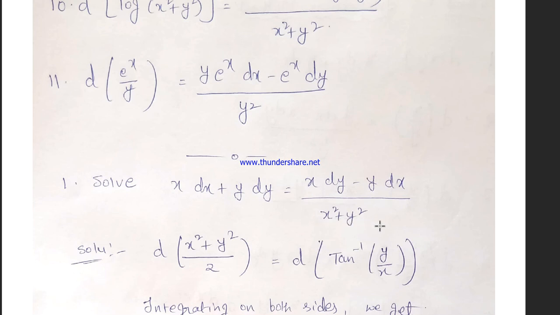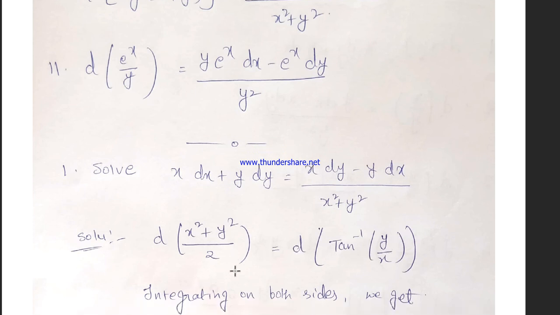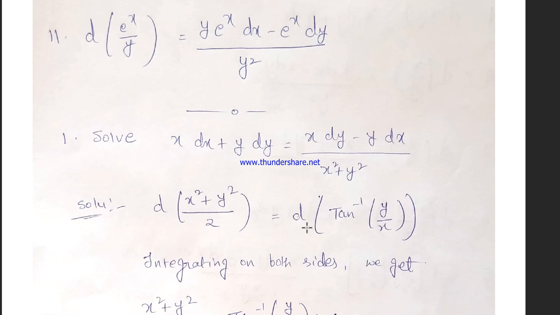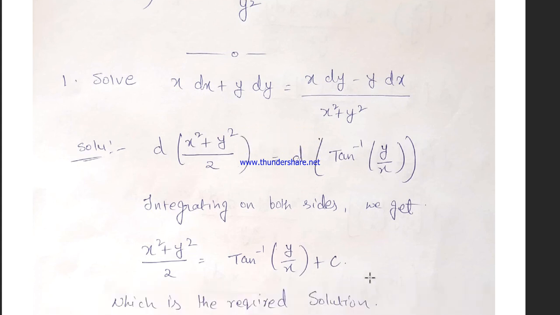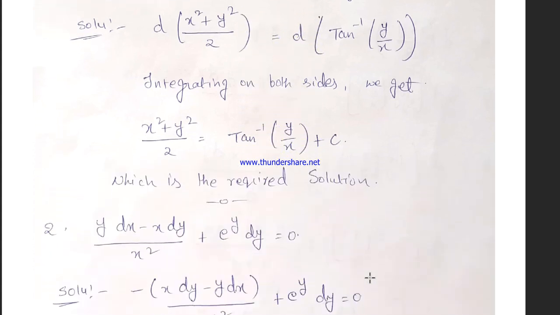Here we get an idea about the tan inverse function with y by x, that is d of tan inverse of (y by x), taken from the list of differentials. If you integrate on both sides, the differentiation cancels, and we get (x square plus y square) by 2 equal to tan inverse of (y by x) plus C, which is the required general solution.